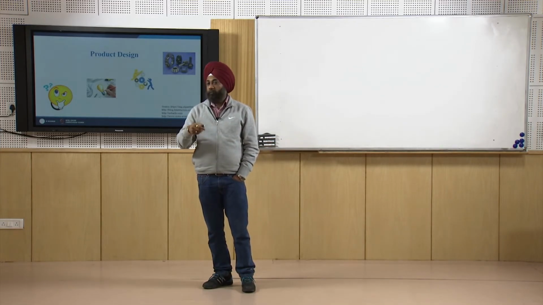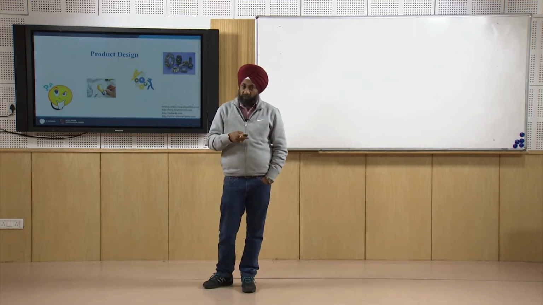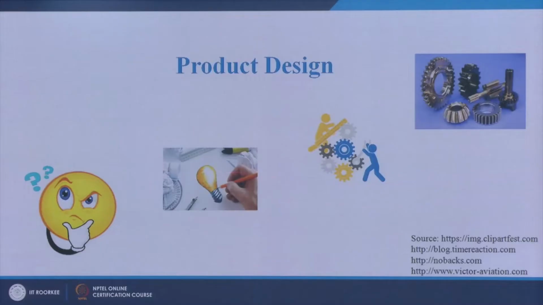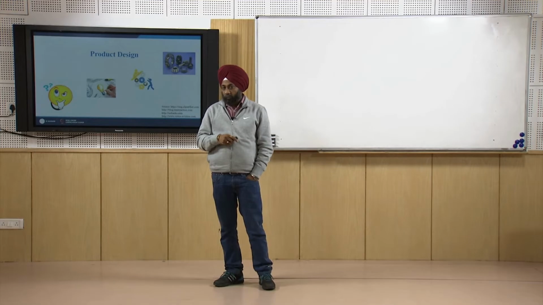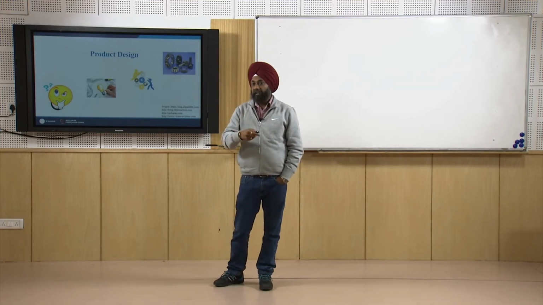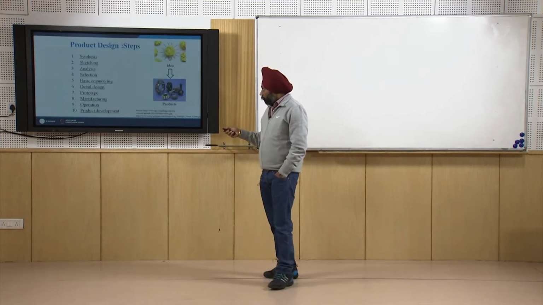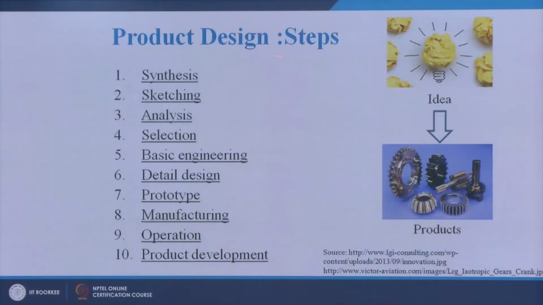So different types of products can come because of the generation of different types of ideas. Our target today is to go through the various steps that are followed for converting this idea into the final product. Here you can see the various steps that are used for product design.